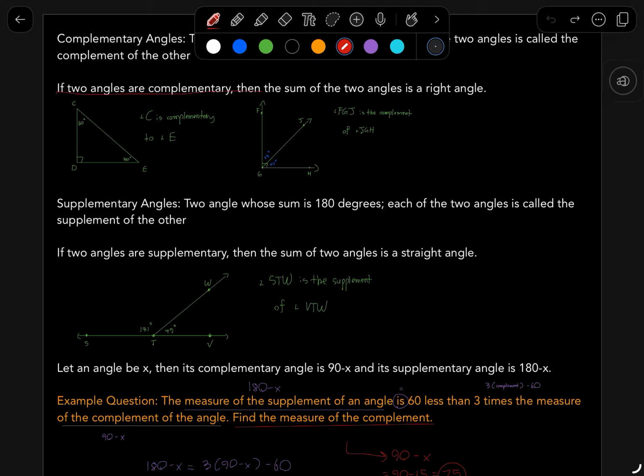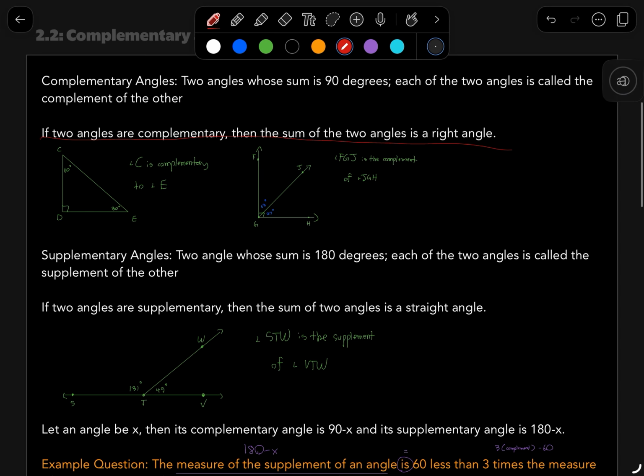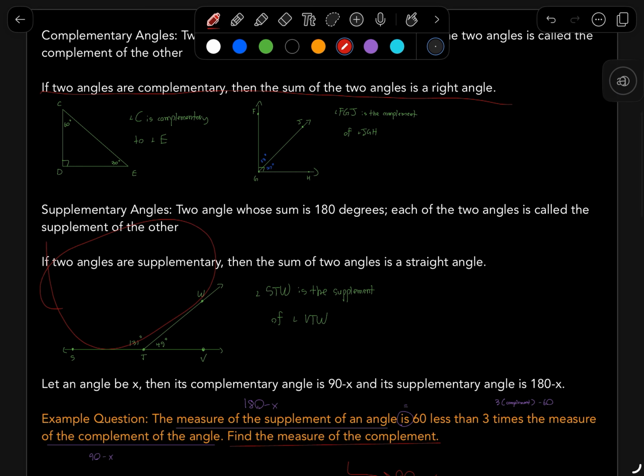This is one of the theorems where the converse is true. Remember, the converse, covered in 1.8, is just the opposite. So if the sum of two angles is a right angle, the two angles are complementary. Likewise, the converse is also true for the supplementary angle theorem.